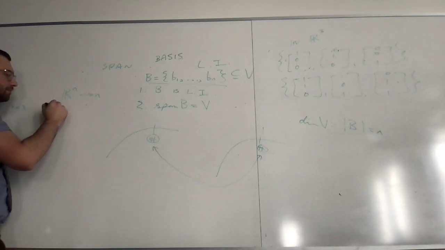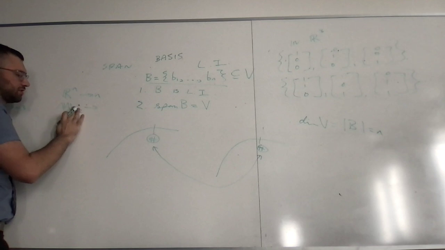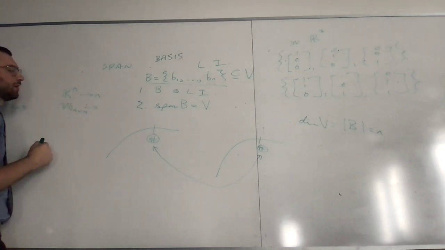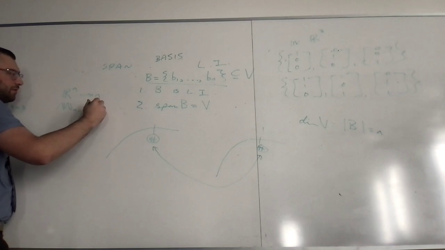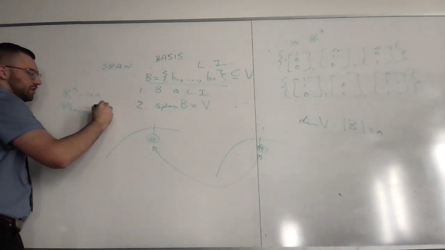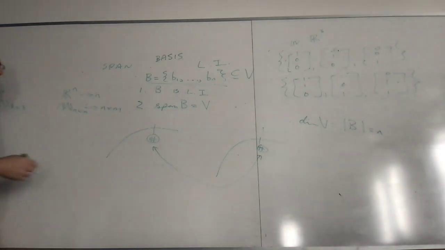For the set of n by m matrices, the dimension is n times m. So you just pull it right out.